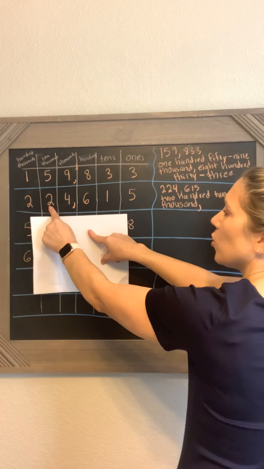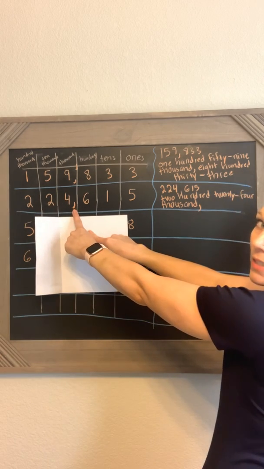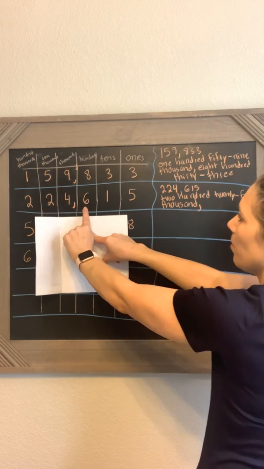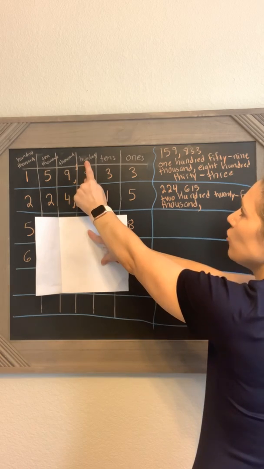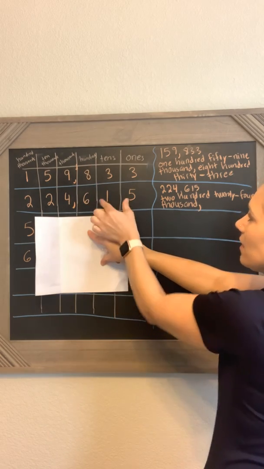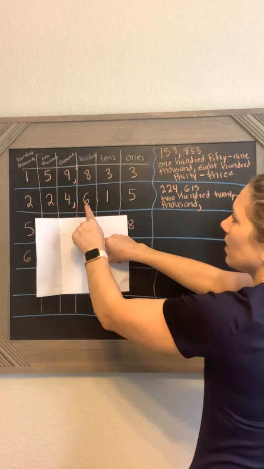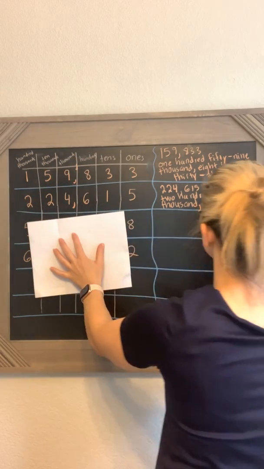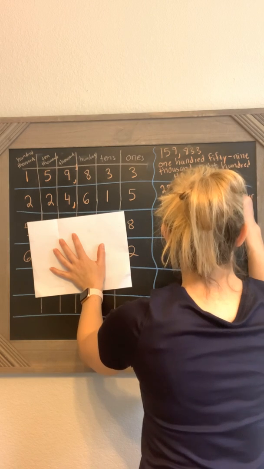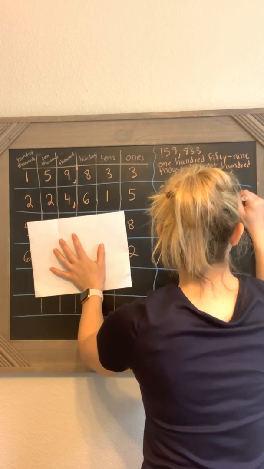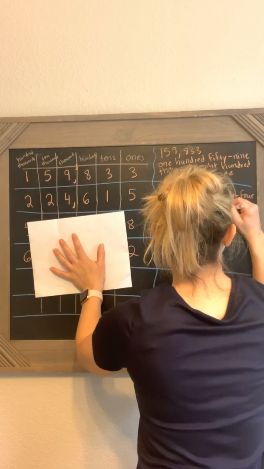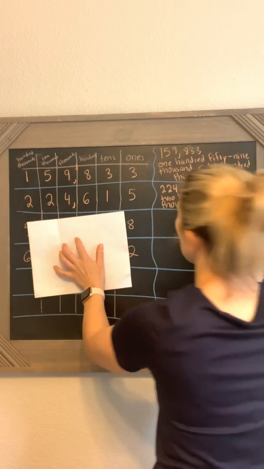So 224,000. And then the rest of the number, 615. Because when you have a 1 and a 5 together, that's the number 15. 615. I'm running out of space.